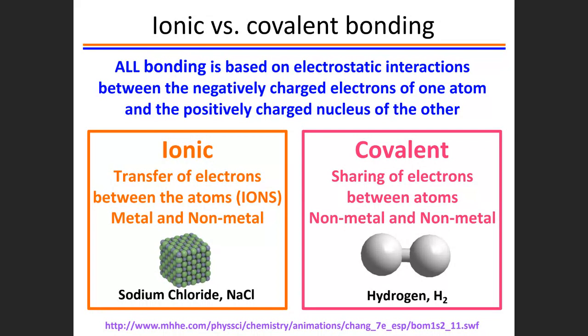So, for example, sodium metal and chlorine non-metal. We already know that in the case of an ionic bond, it is formed by giving and taking electrons.